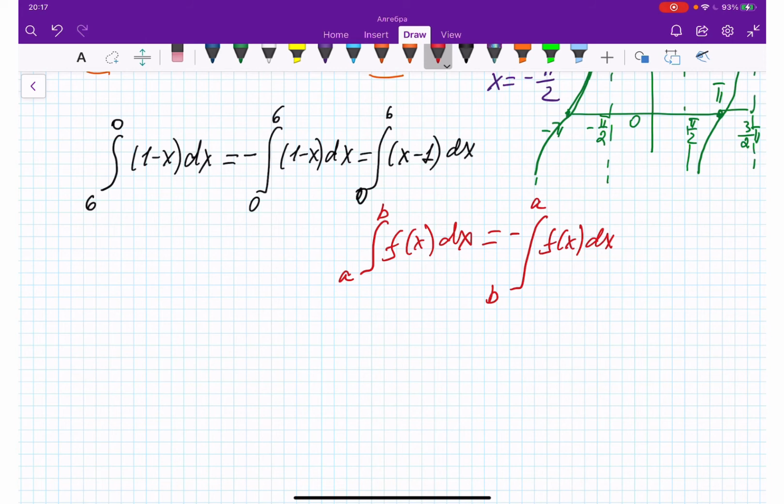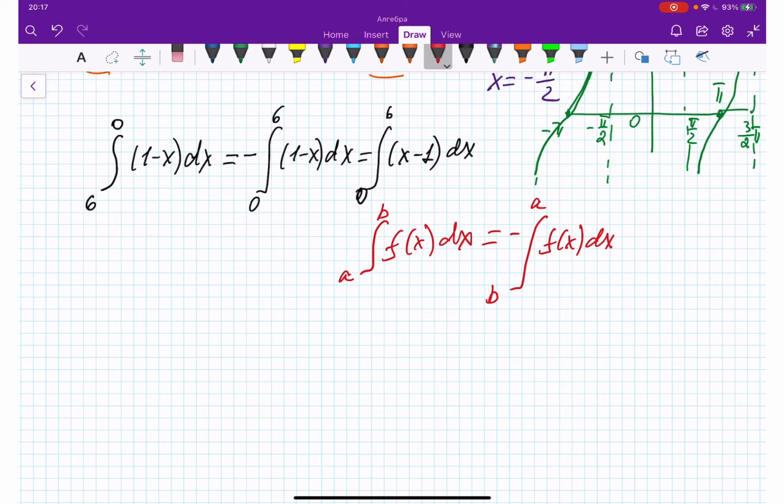Everything is possible. Every property we use with calculating indefinite integrals, we can use with calculating definite integrals.